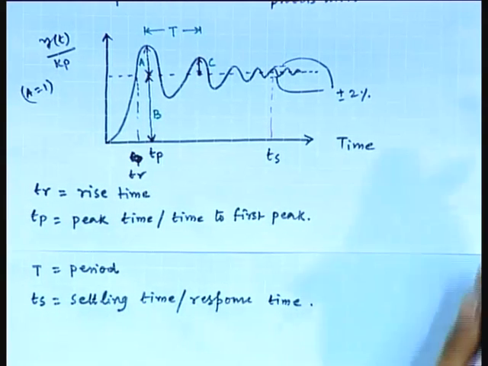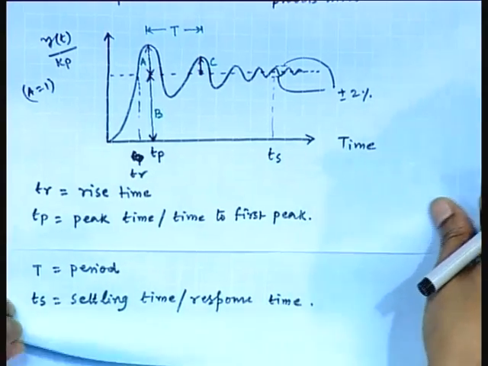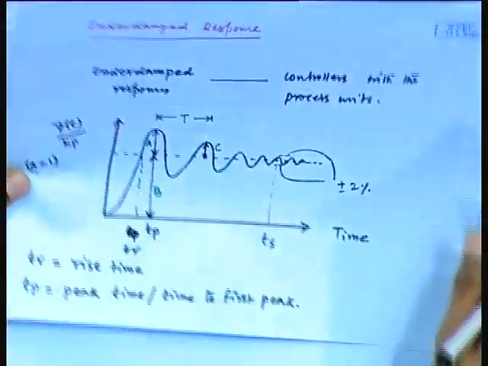Now, you will learn about these times T r, T p, T s along with the quantities A, B, C one by one. So, first we will learn about the rise time. It is very obvious from the figure that it is the time required for the output y to first reach its final steady state value.